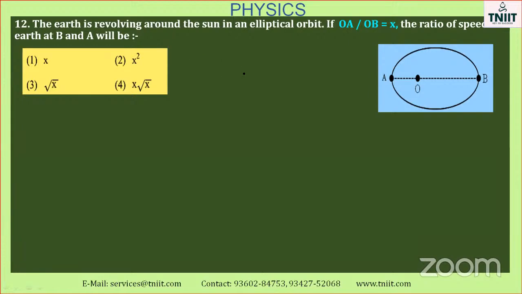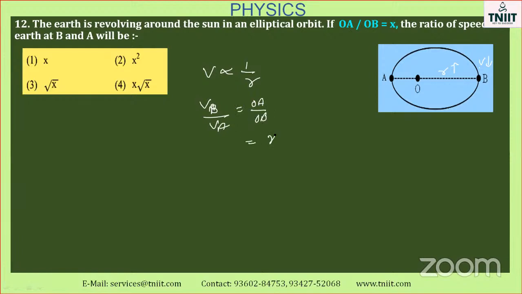You know that in the case of Kepler's laws of planetary motion, if radius is more, the velocity at that point will be less. So velocity is inversely proportional to the distance. So velocity at B by velocity at A means it should be OA by OB.